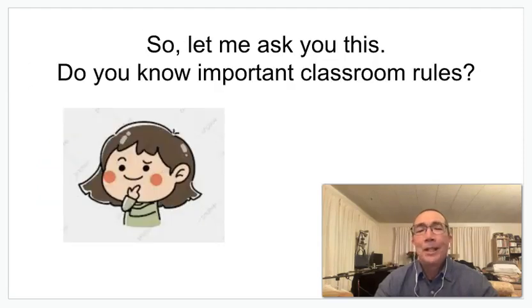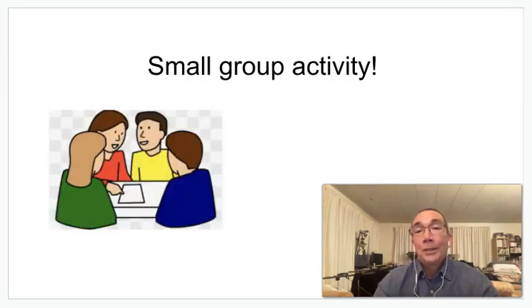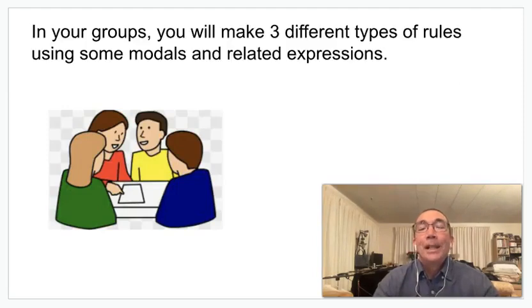So let me ask you this. Do you know important classroom rules? I hope you do. You should. Well, let's do a small group activity. In your groups, you will make 3 different types of rules using some modals and related expressions.